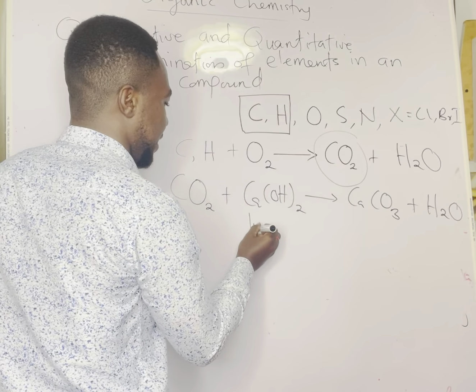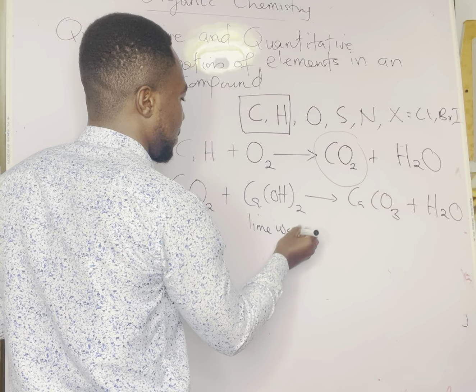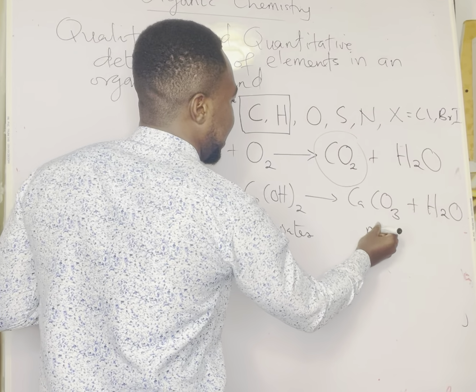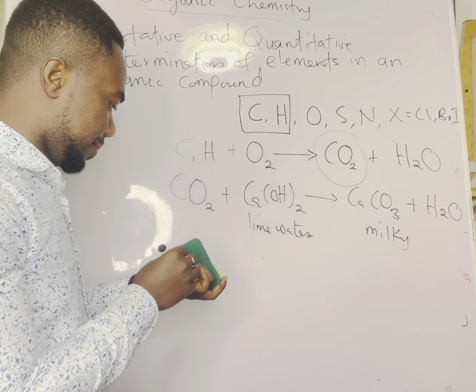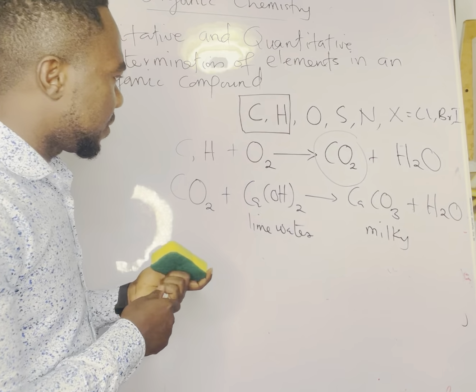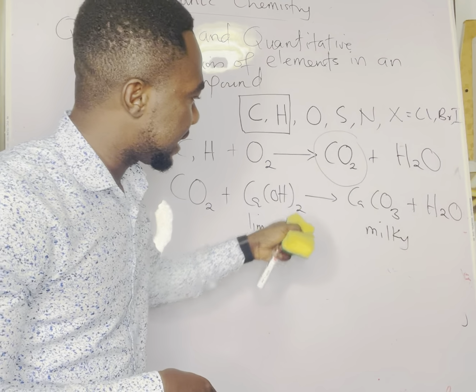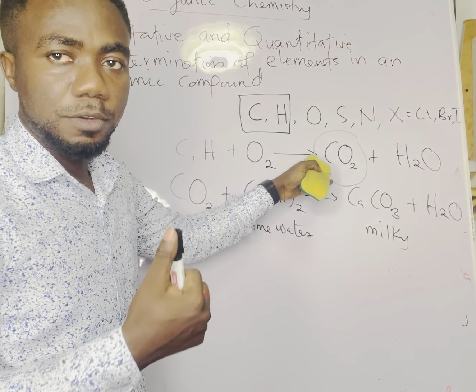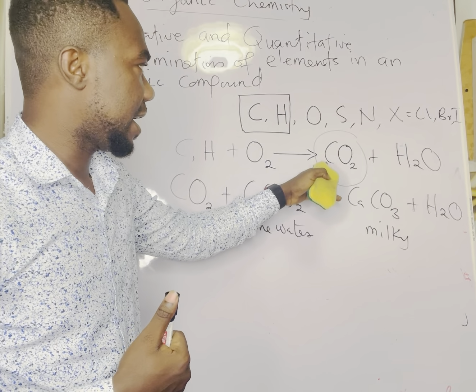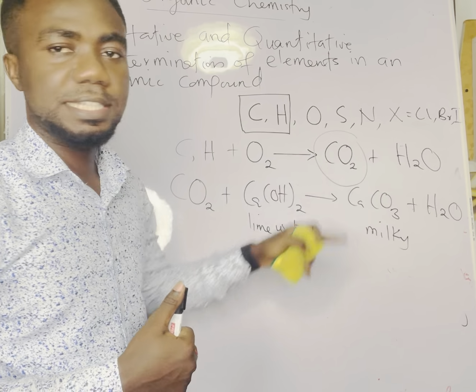So this is the lime water changing to the milky color. The milky color shows that the gas evolved is carbon dioxide, hence the element present is carbon.